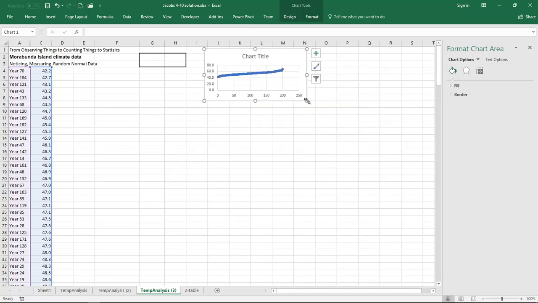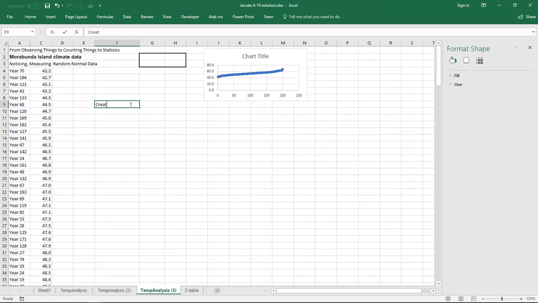What we're now going to say is, let's take a look at how frequently temperatures between certain ranges occur. So we're going to create bins. The first bin is everything up to 40. How many days, and we're counting here, how many days was it below 40?